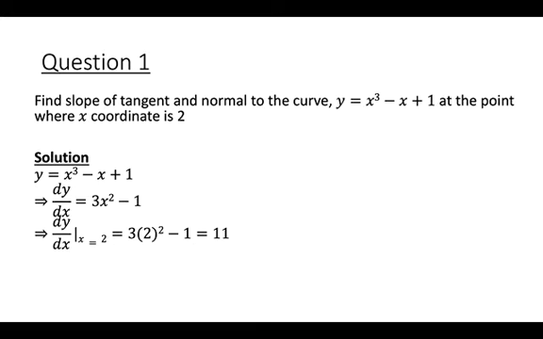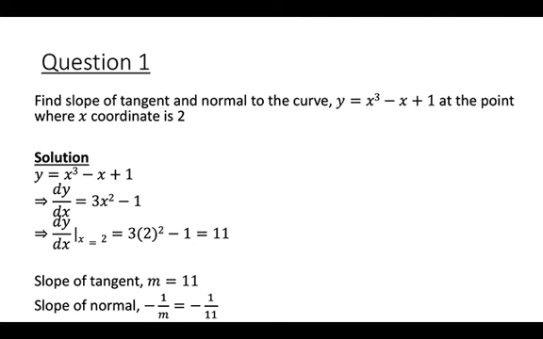And dy by dx at x equal to 2 is 3 into 2 square minus 1, and this equal to 11. So slope of tangent m equal to 11. And we know slope of normal is negative reciprocal. So slope of normal is minus 1 upon 11.